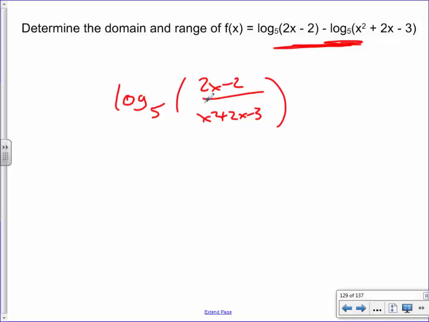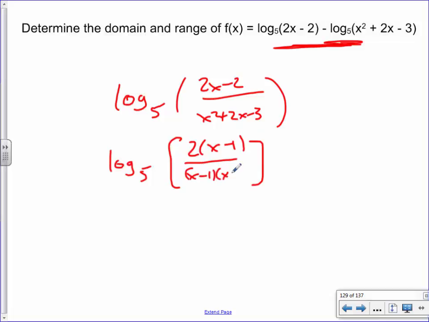So now let's try to factor this guy. That gives you 2 with an x minus 1. Okay. Good. So based purely on not even typing this in my graphing calculator, I can tell you that I'm going to expect a hole in the graph where x equals 1.